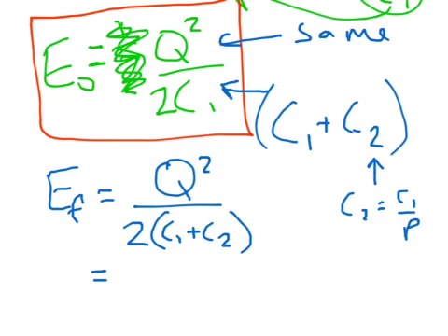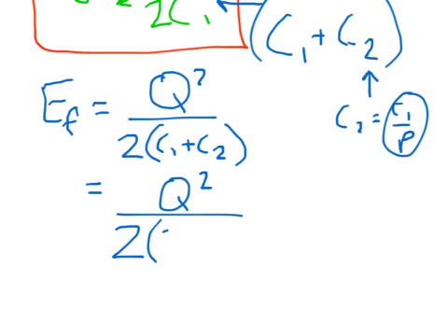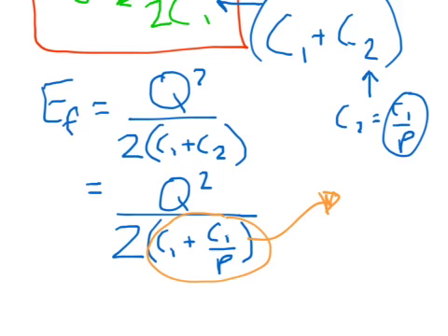Substituting this in now, we've got Q squared over 2(C1 plus C1 over P). That's looking a little bit awkward because remember we're aiming for that P over P plus 1 thing, so I might just drag this out over here and deal with that separately.